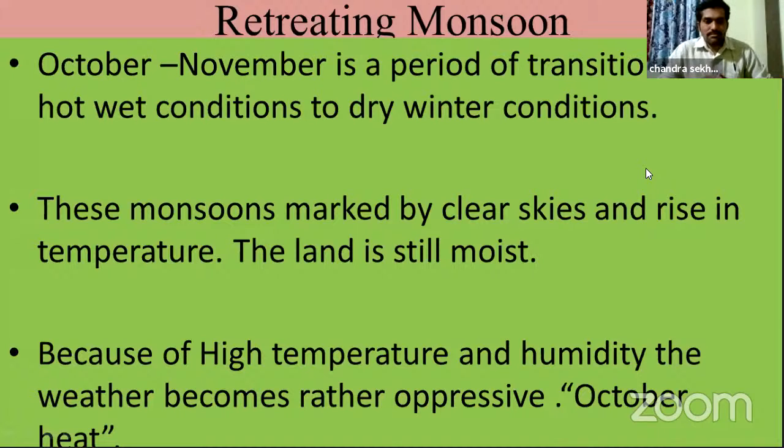This is known as October heat. In October and November, the temperatures are increasing, but there is still moisture in the soil and in the air. That's why, between the high temperatures and humidity, the weather becomes rather oppressive. It is called October heat.